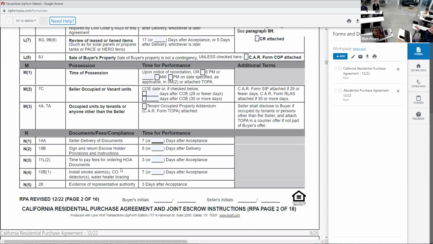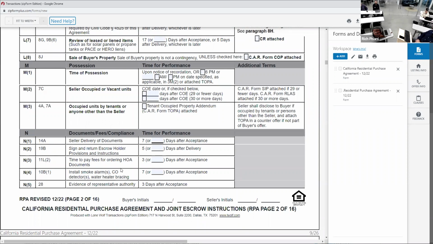Most listing agents in the Los Angeles area wait until all contingencies are removed. That's too late. It's 7 days for the contract. It has to be done by the 7th day after acceptance.